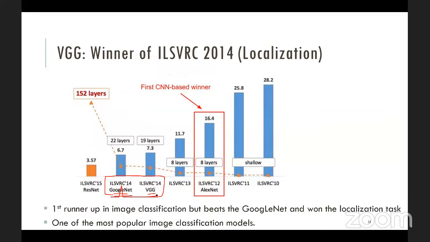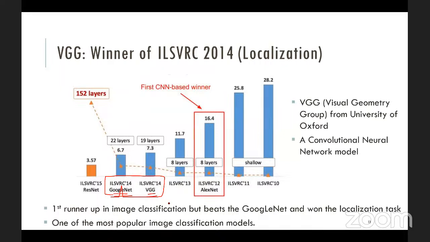It beat GoogleNet in the localization task, and still this is one of the most popular image classification models, and many models were later developed on this basis. VGG stands for Visual Geometry Group at the University of Oxford, and the researchers there gave this VGG in 2014. It is nothing but a convolutional neural network model.